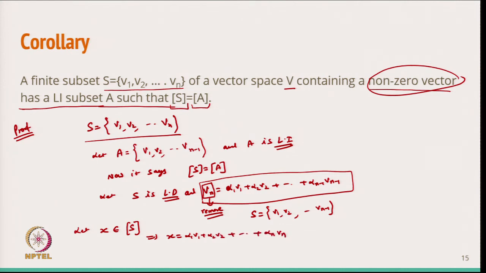So, it is a linear combination of these vectors.